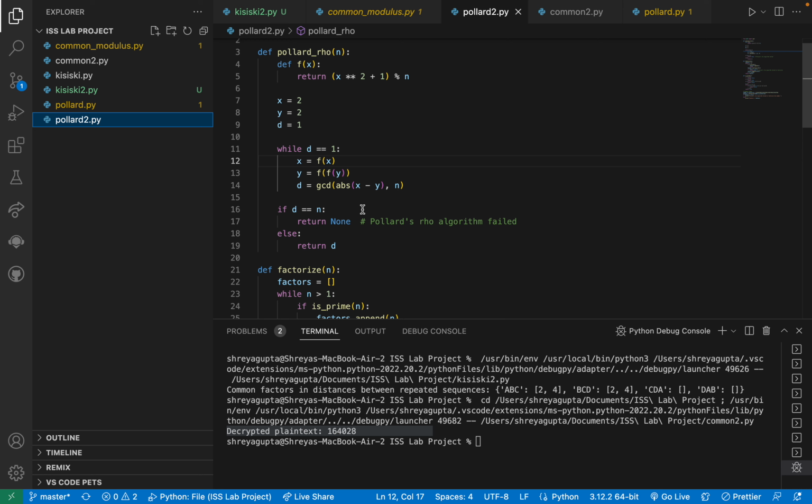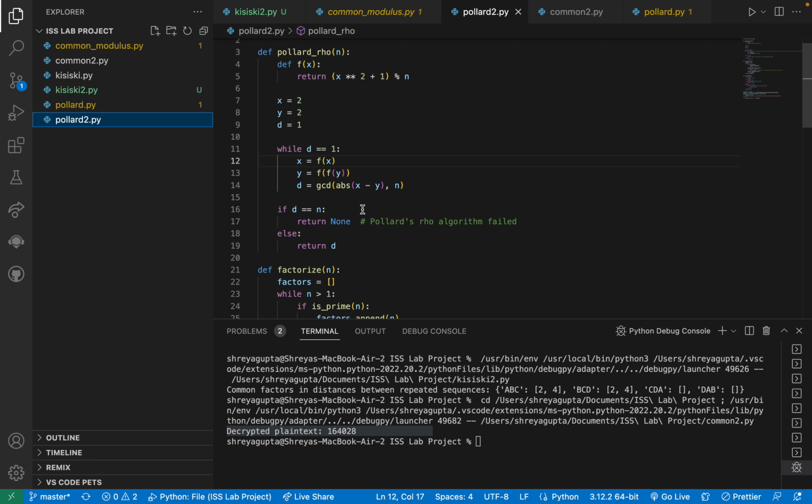The process involves selecting a random starting point x and a random function f(x), generating pseudo-random numbers. Iteratively applying f(x) to x forms a sequence, eventually cycling due to the finite residues modulo the number under test. Floyd's cycle finding algorithm detects this repetition.